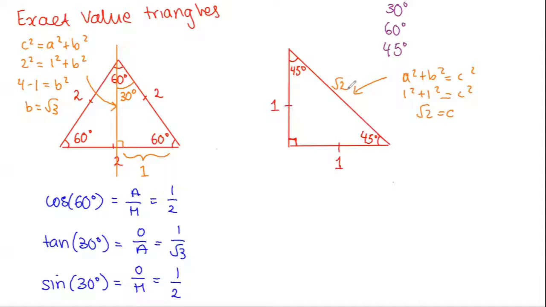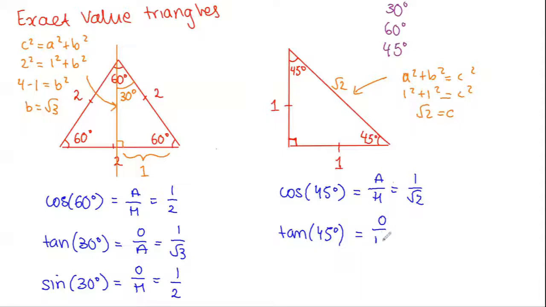Okay, and so now we can do anything we like, cos, sine, or tan for 45 degrees. So we'll just do maybe cos of 45 degrees, which is going to be, we can choose either of the 2 corners, it will be the same. So say we'll choose this corner, we'll do adjacent over hypotenuse, which is just 1 on root 2. Okay, we can do tan of 45 degrees, which will be opposite over adjacent, which again, we can go from this corner or we can go from this corner, it doesn't matter, we'll get 1 on 1.